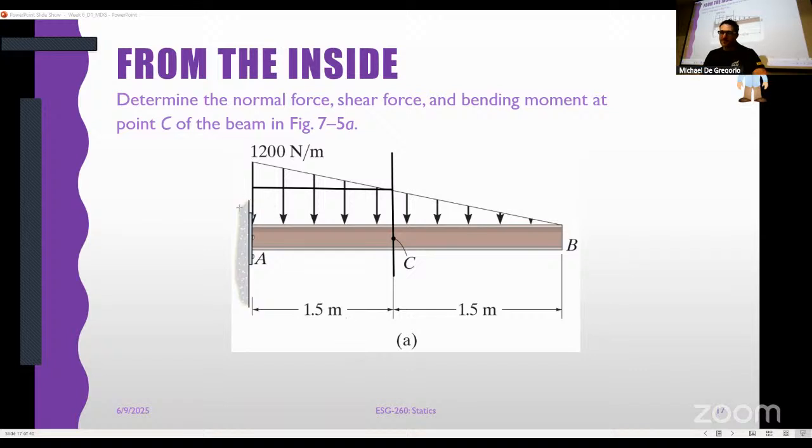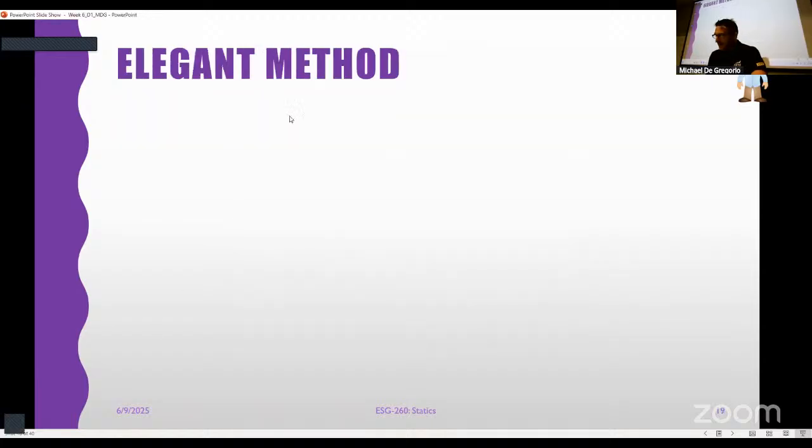But that's the brute force method. So we would have to figure out the reactions, and then we'd have to deal with this compound distributed load, which is doable. We know how to handle that, but let's not. Let's do it the clever way, the elegant method, if you will.